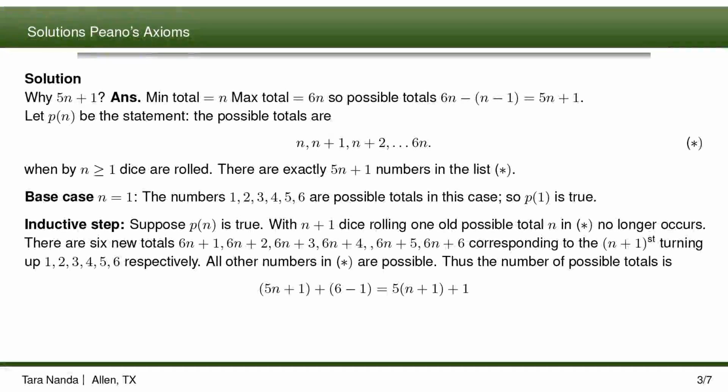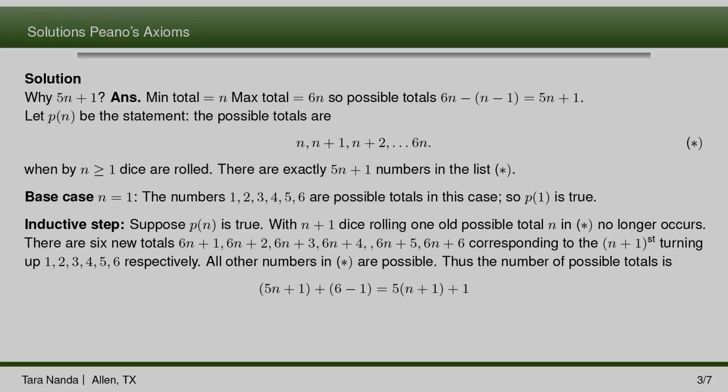Thus, the number of possible totals is 5n plus 1, which is the count in the list star, plus 6 new totals and minus 1 old total, which adds up to 5 times n plus 1 plus 1.